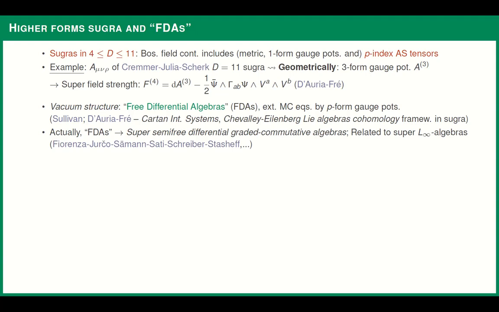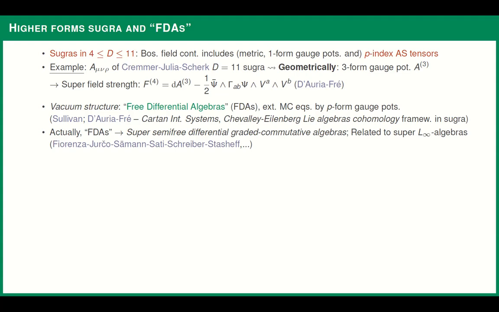They were first introduced by Sullivan, and then reintroduced in the physics literature by D'Auria and Fré as Cartan integrable systems, unaware of the previous work by Sullivan. They were also called Chevalley-Eilenberg algebras, the homological framework in supergravity. Actually, free differential algebra is not a proper term from the mathematical perspective.